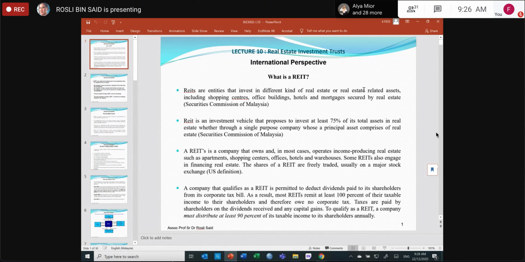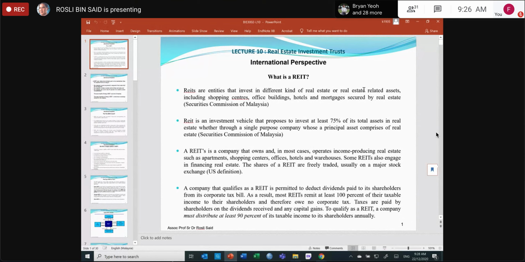But in terms of the names on the title, obviously it's not our names, because we only purchase the shares offered by that particular company. The way we purchase is the same as stocks and shares, like in Malaysia, through Bursa Malaysia, the stock exchange.